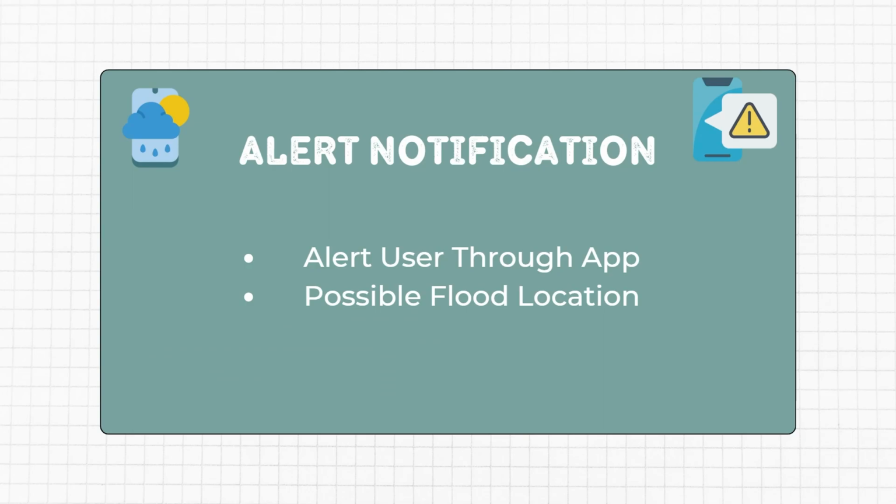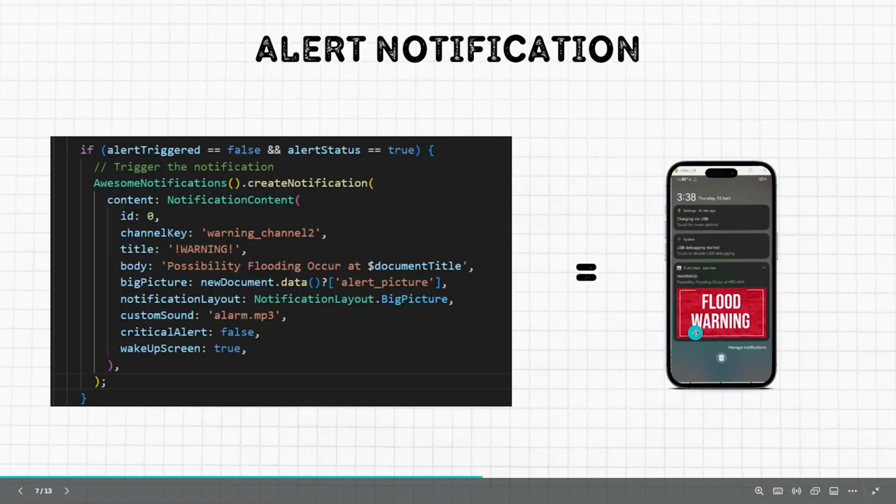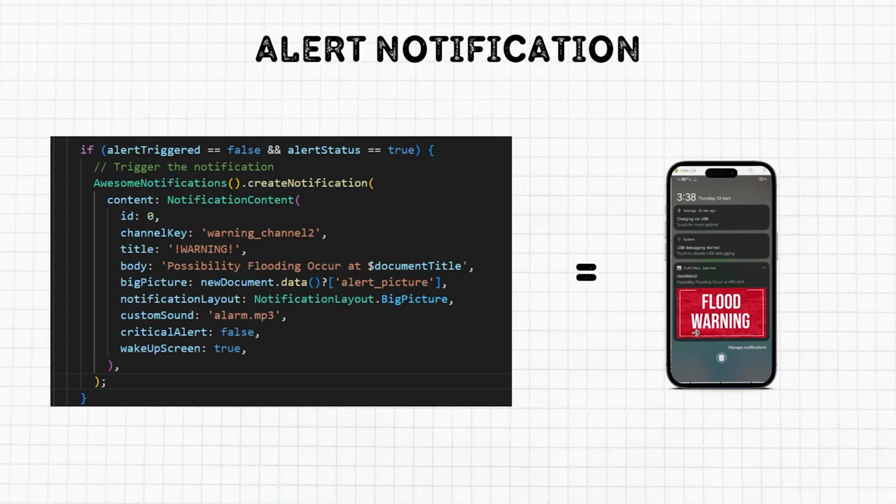Okay, next is the alert notification, which is for mobile apps, where the alert will be sent through the app and it will show the possible flood location. You can see the code snippet for the alert notification, which has a condition on whether the alert is triggered or not, and the notification itself is created using a Flutter plugin called Awesome Notification.